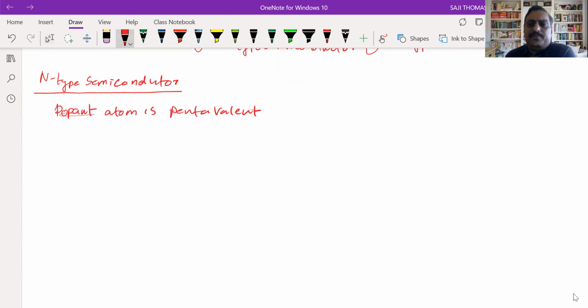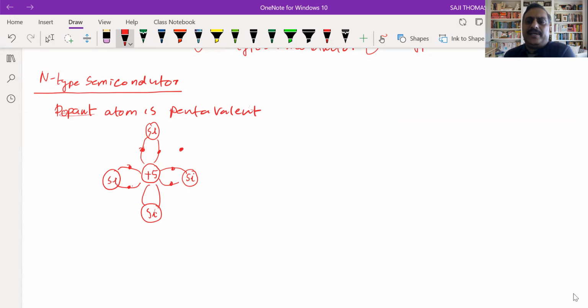When a pentavalent impurity is added, it forms covalent bonds with 4 silicon atoms, like this. And the 5th electron of the impurity becomes free.